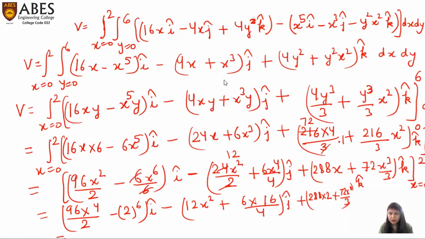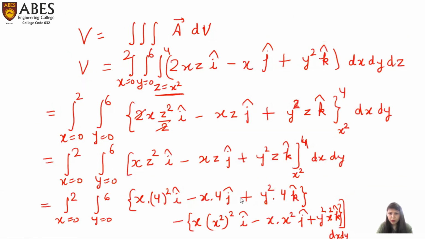Okay, I just do one correction. This term is minus 4x and this term is plus x cube. So when we take common here, this will be 4x minus x cube. Okay, in all of the terms, this is minus. And we check one more thing also.